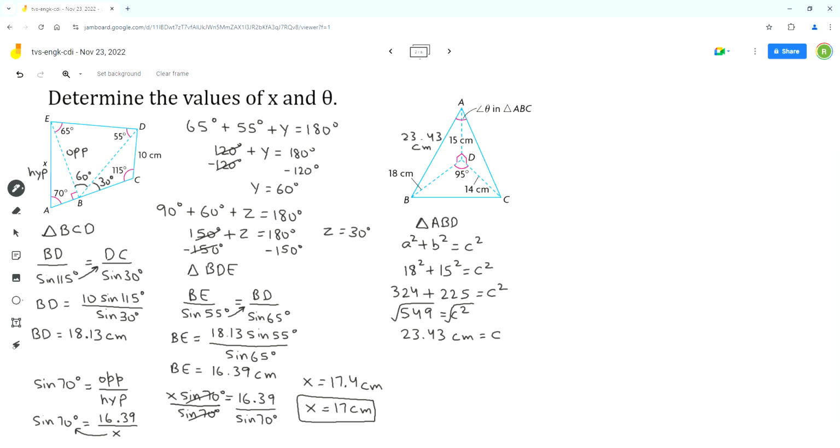Next we can find the length of side AC in triangle ADC. It is a right angle triangle and we are given the length of sides AD, which is 15 centimeters, and the length of side DC, which is 14 centimeters. So we can use the Pythagorean theorem. Side AC is the hypotenuse in this triangle.